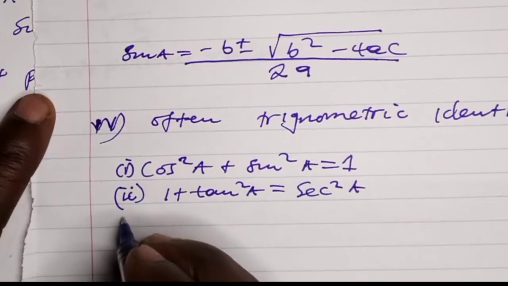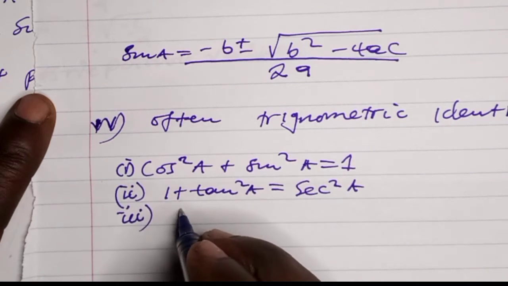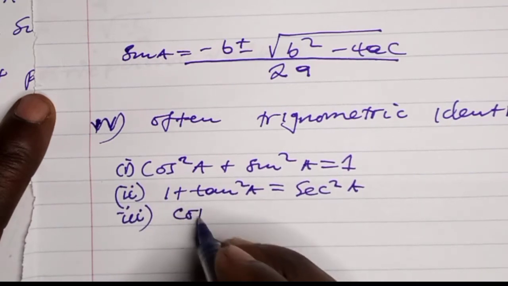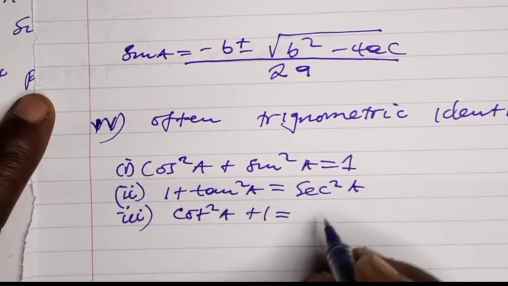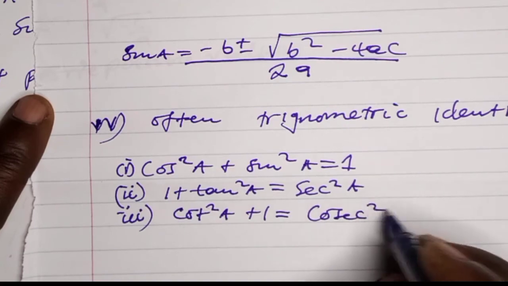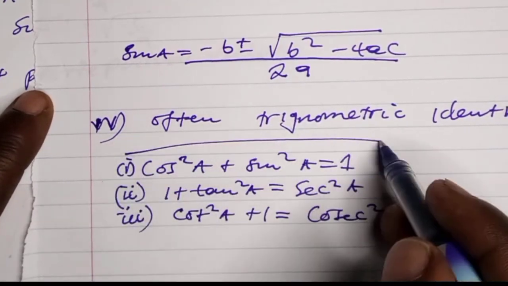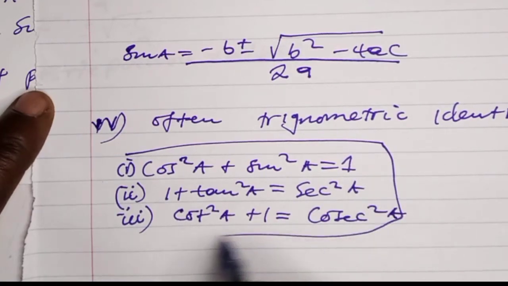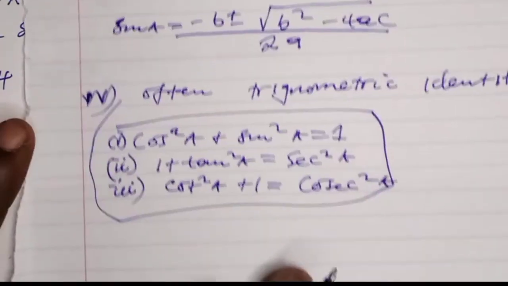Other one, for number 3, is cot squared A plus 1 equals cosec squared A. So these equations you must take into consideration when solving trigonometric equations.